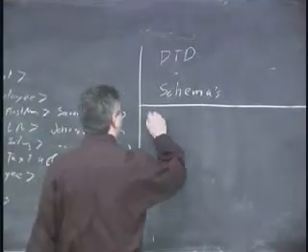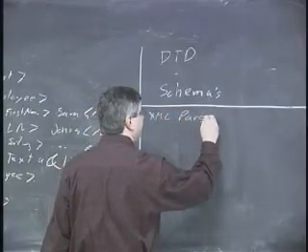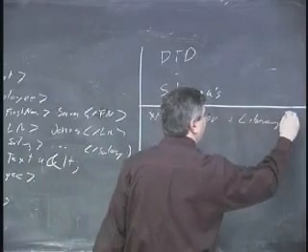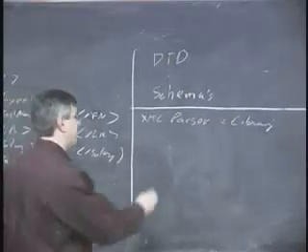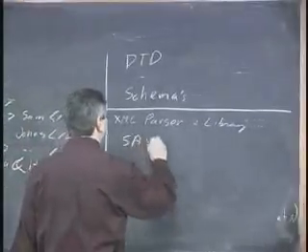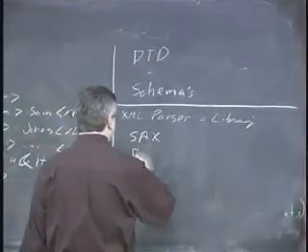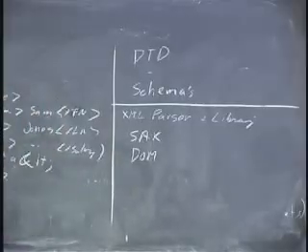And you basically get some XML parsers and libraries with modules to do this. And there are 2 standard interfaces, one of which is called SAX, which I forget what it stands for, and one of which is called DOM, which stands for Document Object Model.